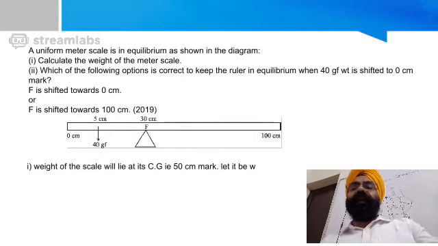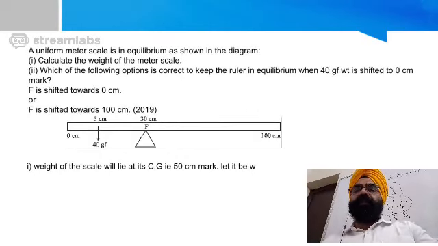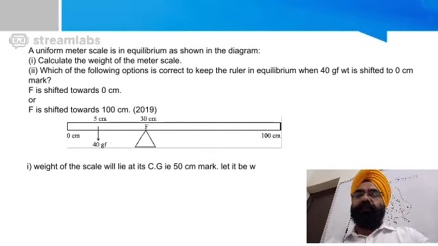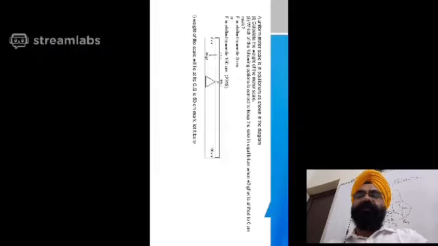Now this again is the principle of moments, but we have got center of gravity also over here. A uniform meter scale is in equilibrium, which means that the scale is balanced. They are showing us a weight which is suspended at the 5 centimeter mark.